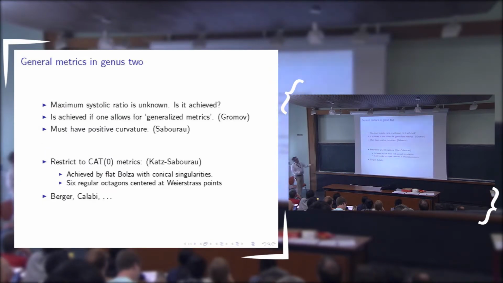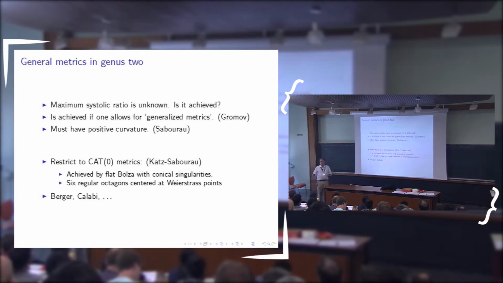Right. So is it achieved? Gromov has a sketch of a proof in his filling manifolds paper, which tells us that it's achieved for so-called generalized metrics, which are basically sort of L2-like. They come from taking limits in L2 of conformal factors.